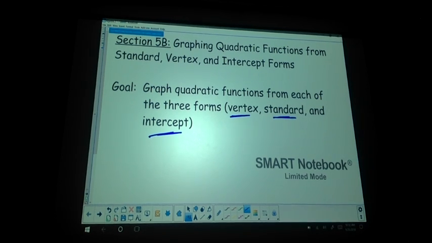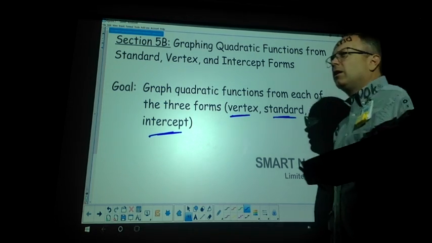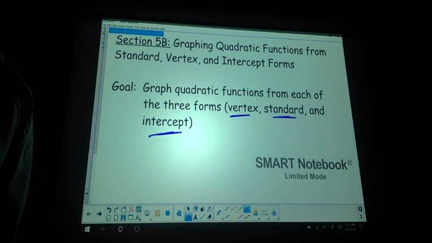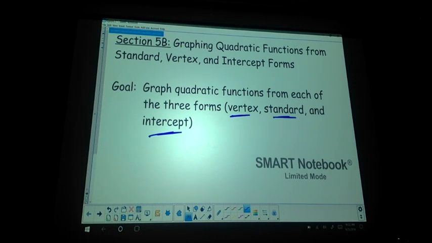Okay? Standard form. Standard form doesn't have any fractions in it. It's the neater way of doing it. I think standard form was really created back in the olden days when we were printing books and stuff like that, because we couldn't do fractions on typewriters.